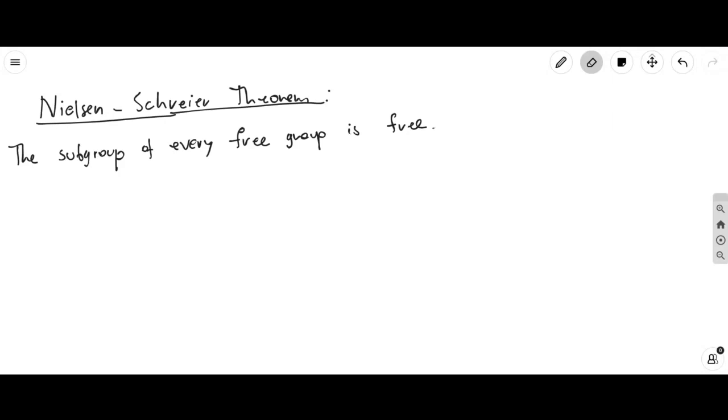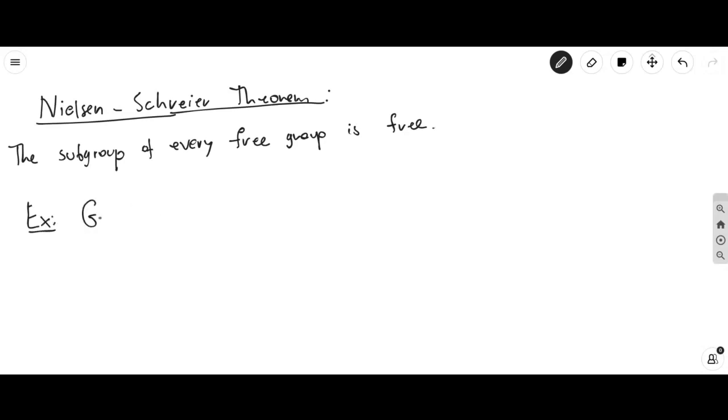To appreciate this theorem a little bit more, there's a very nice example of this from Wikipedia. So if you go to the Wikipedia page for this theorem, they present a very nice example. So this is the example that they give.